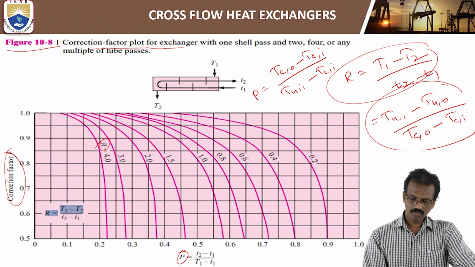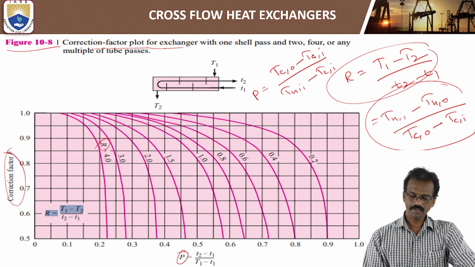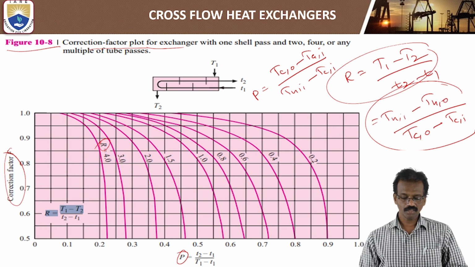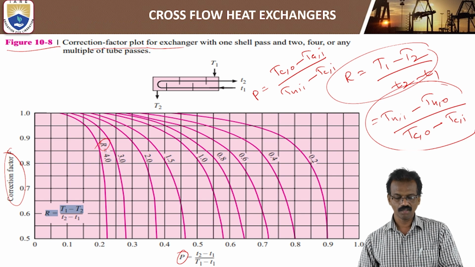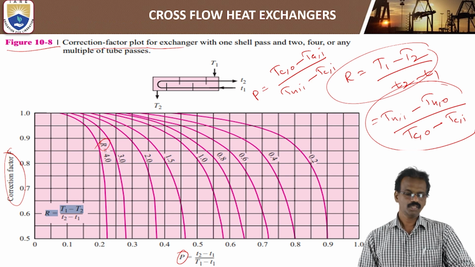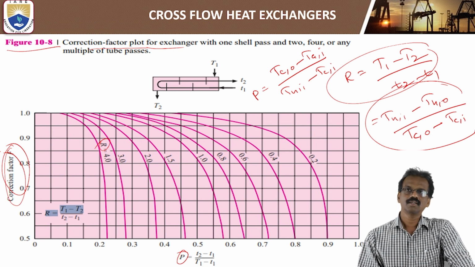By using R and P, where R is the curved lines in the graph and P is the vertical lines, the intersecting point between R and P, read off on the vertical axis, is the correction factor. You have to measure that by using the data book.